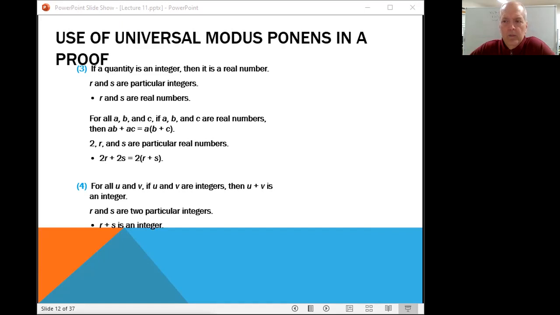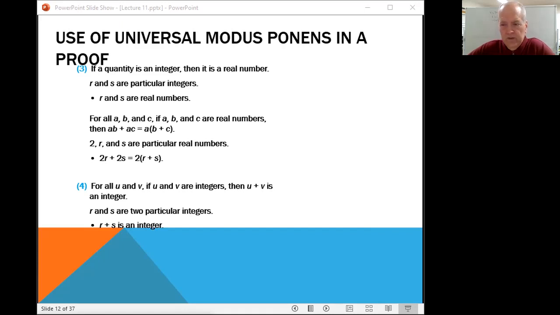So we can apply the rules of real numbers and say, if we have numbers a, b, and c, then ab plus ac is equal to a times (b plus c). So then 2 times r plus 2 times s is equal to 2 times the sum of r plus s.